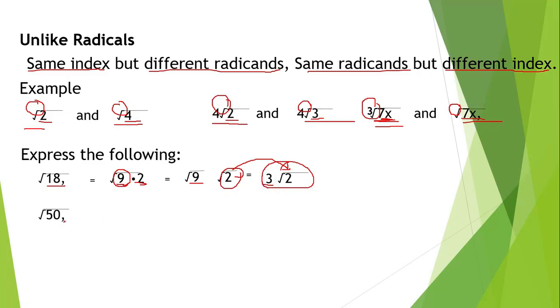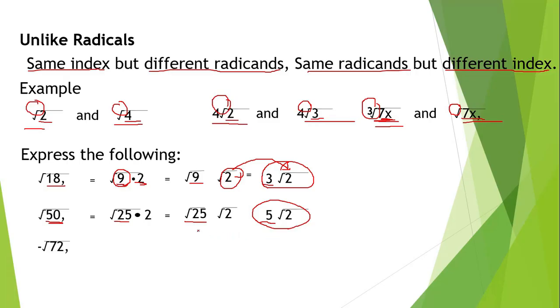Next, square root of 50. To simplify this one, we have to factor this one na yung isang factor is a perfect square, which is 25. 25 times 2 is 50. Square root of 25 is 5. This one's the answer.